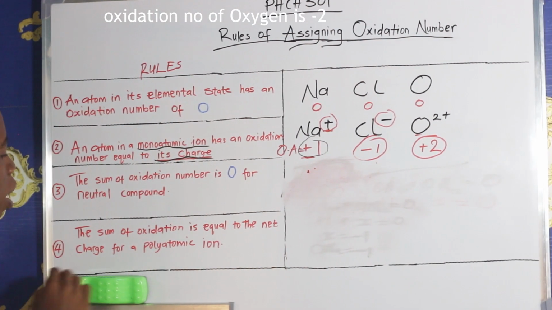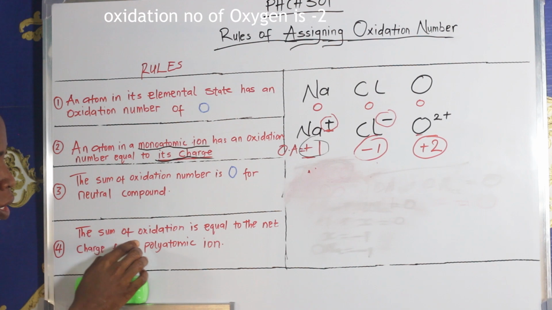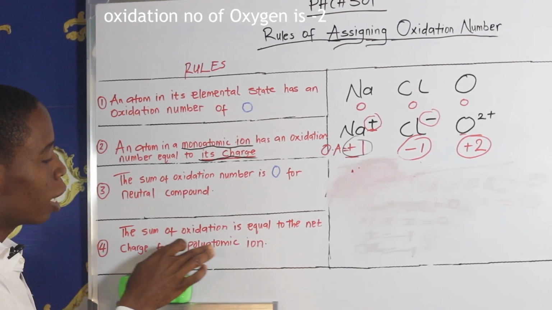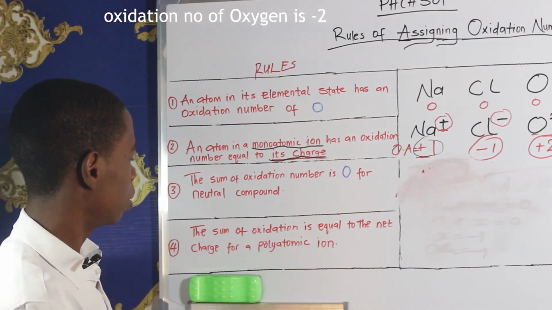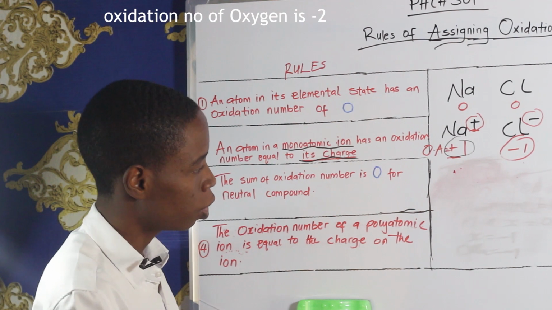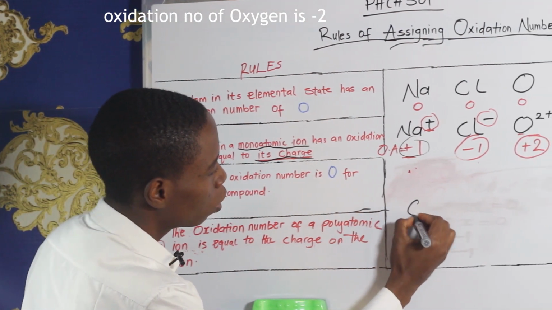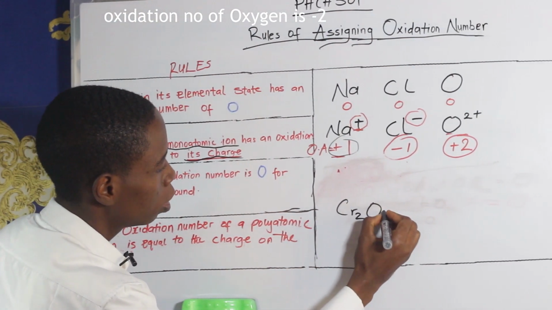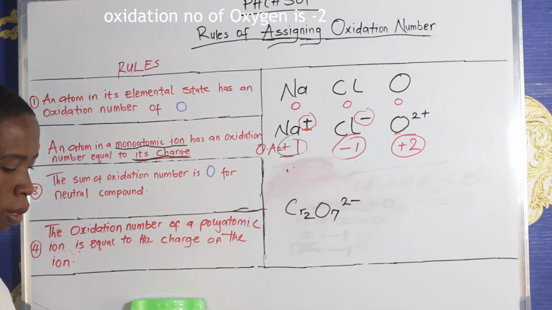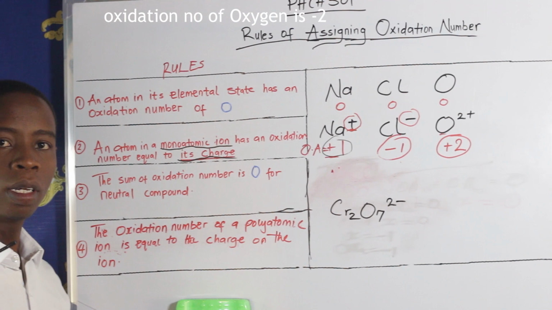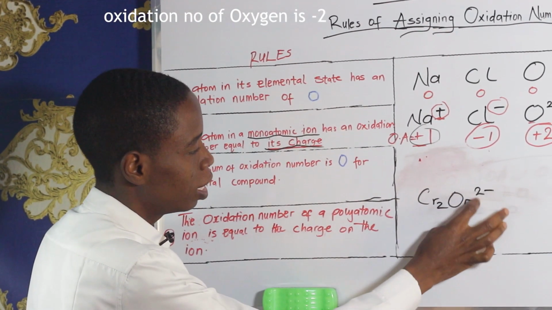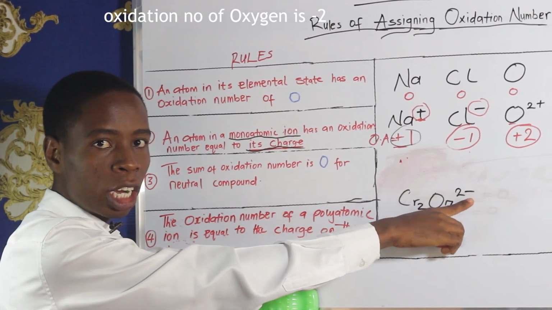And the next rule states that the sum of the oxidation numbers is equal to the net charge for a polyatomic ion. Let's have an example to illustrate this. In the dichromate ion, the sum of the oxidation numbers of this ion is equal to the charge on it.